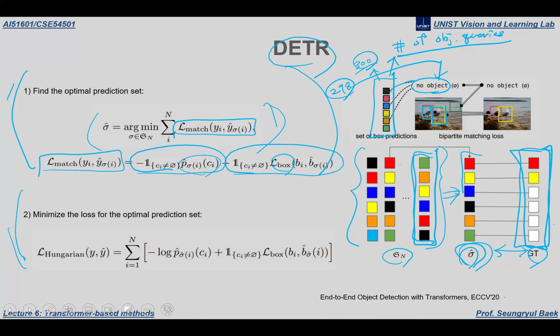So what this formula means is that among all the permuted orders, we will find the best matched order using this score, and that score will be composed of the classification score and also the bounding box information. Are you guys understanding that?